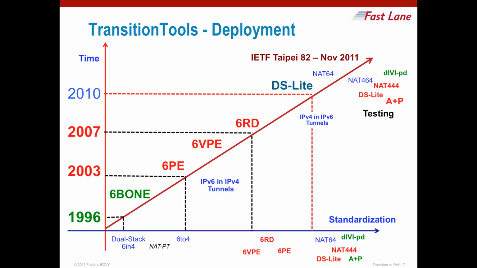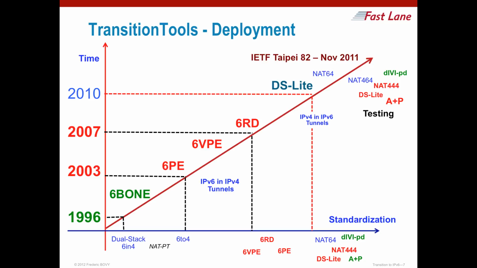And if they still have to support IPv4 customers, then they will need a service like DS-Lite, which will permit to connect the IPv4 customer through the IPv6 backbone.